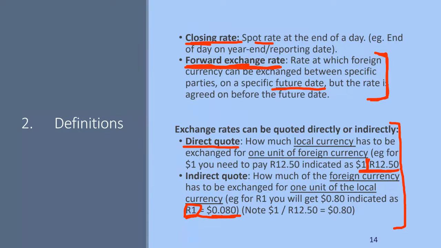Because when you're dealing with the direct quotation, you are going to multiply or times the value of foreign currency. When we deal with the indirect quote, we are going to divide the foreign currency.